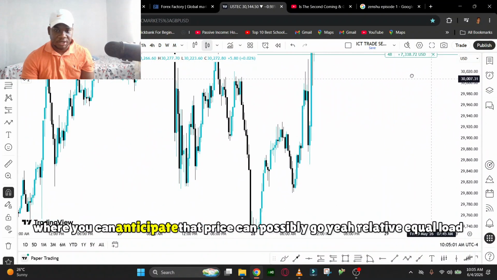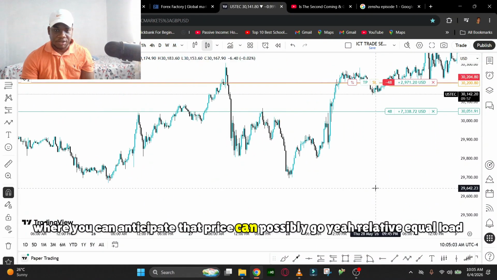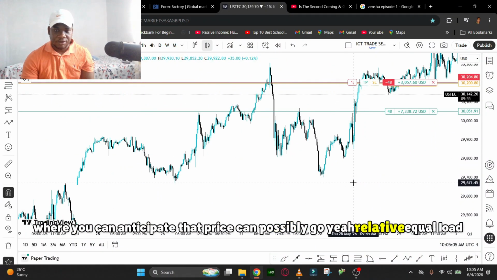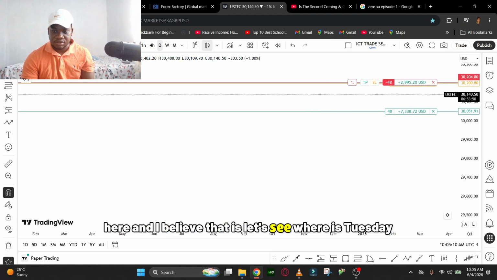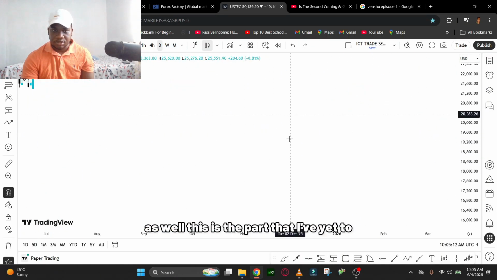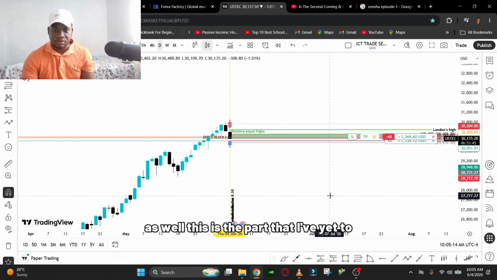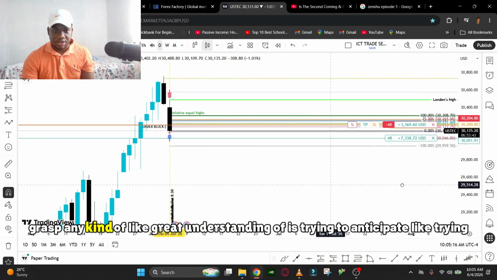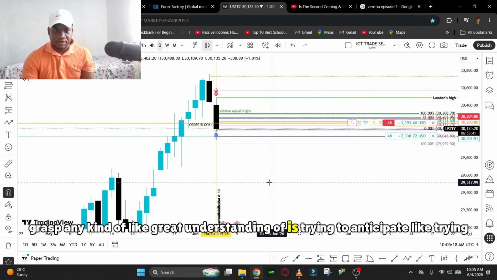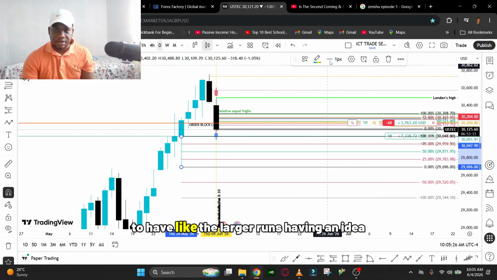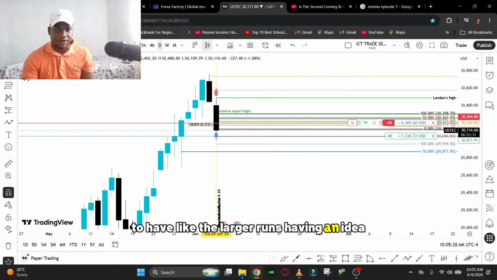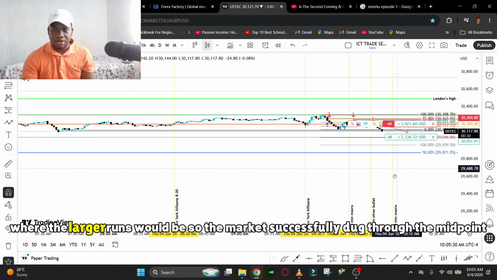This is where you can anticipate that price can possibly go. You have relative equal lows here, and I believe that is, let's see, where is Tuesday's low? This is the part that I've yet to grasp any kind of great understanding of, is trying to anticipate the larger runs, having an idea where the larger runs would be.